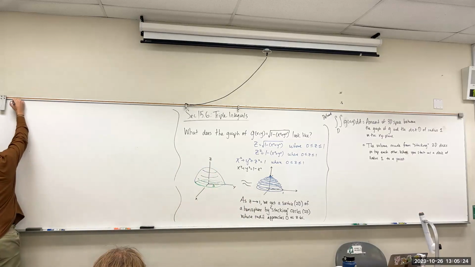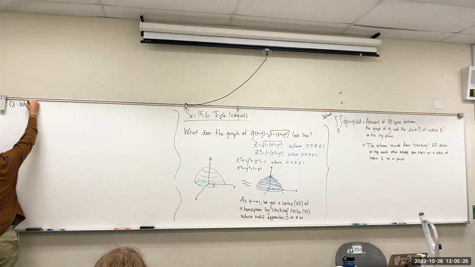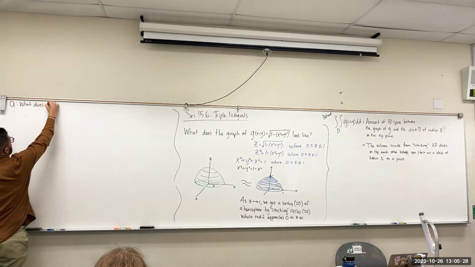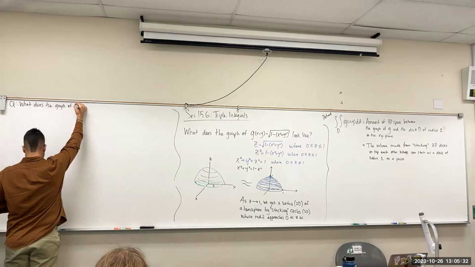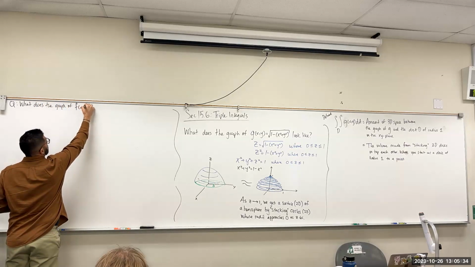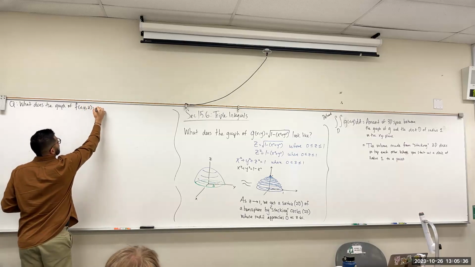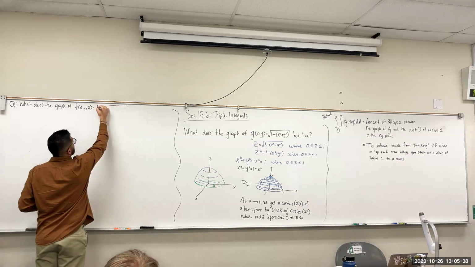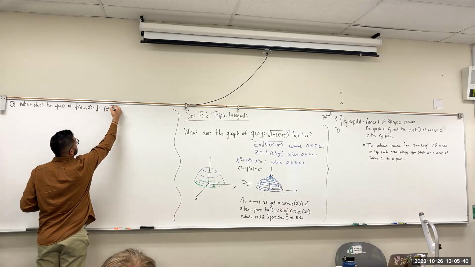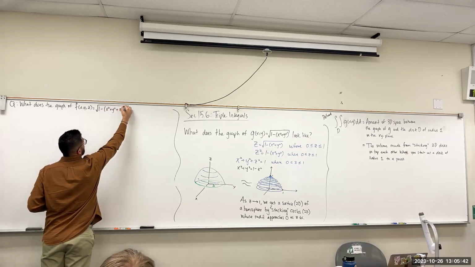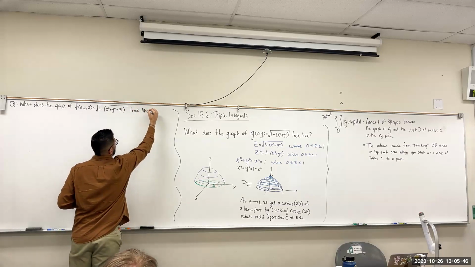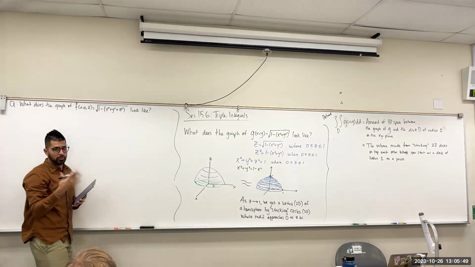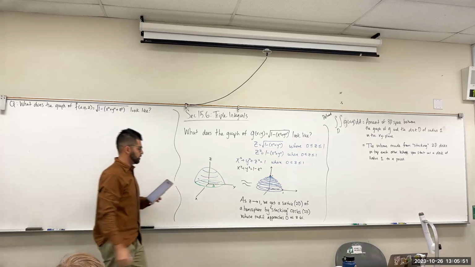What does the graph of f of x, y, z, and we're going to use this specific example again, 1 minus x squared plus y squared plus z squared, look like? Let's try to figure out first what the graph might look like before we start doing volume and all that.